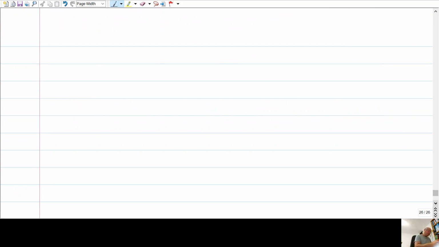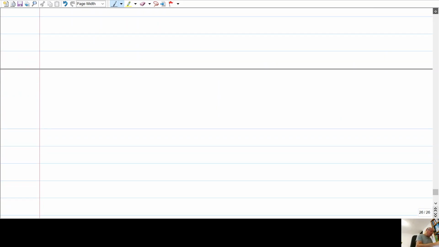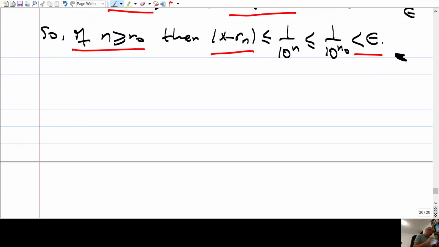Now we will introduce a new concept, so-called accumulation points. Maybe you have seen this before, but we will see it in more detail.